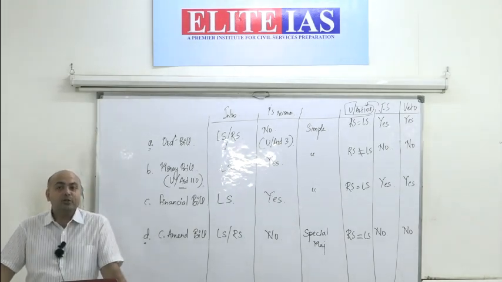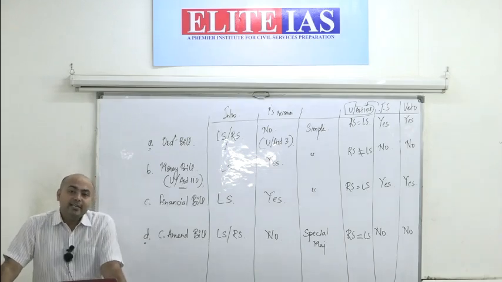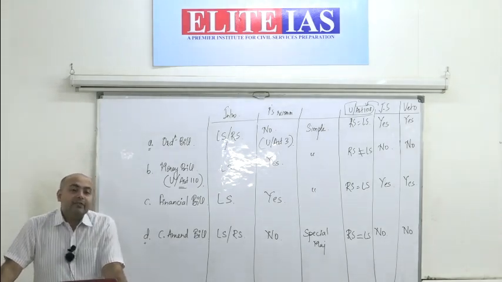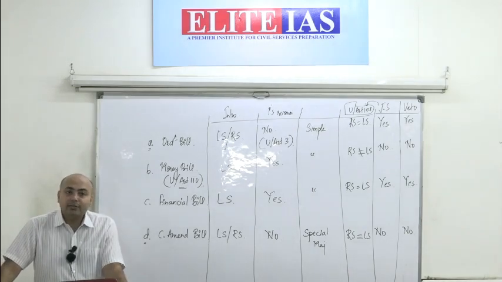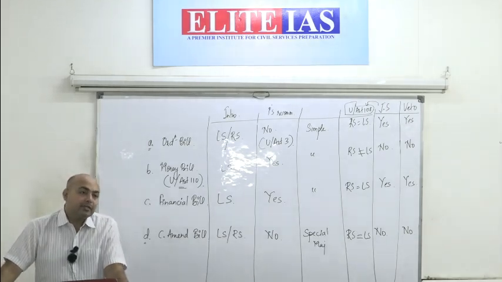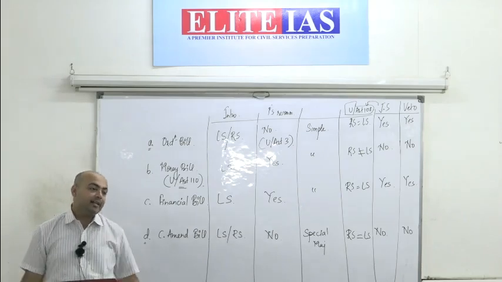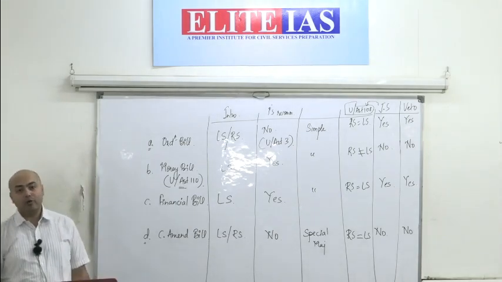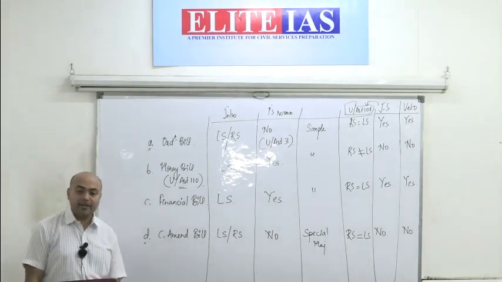Unless more than 50% of the states ratify, the term that is used is ratification, that particular bill is not sent to the president for his assent. Once more than 50% of the states ratify it, it goes to the president. The president gives his assent, and then it becomes a law, which means the constitutional amendment is done.